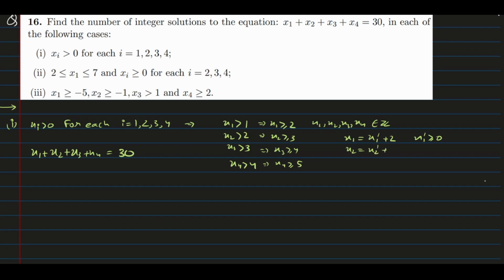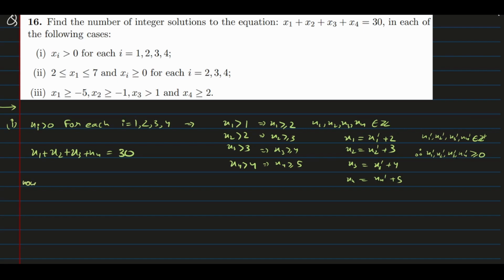Like that, we define x2 prime, x3 prime, and x4 prime. Therefore, x1 prime, x2 prime, x3 prime, x4 prime are all greater than or equal to 0.